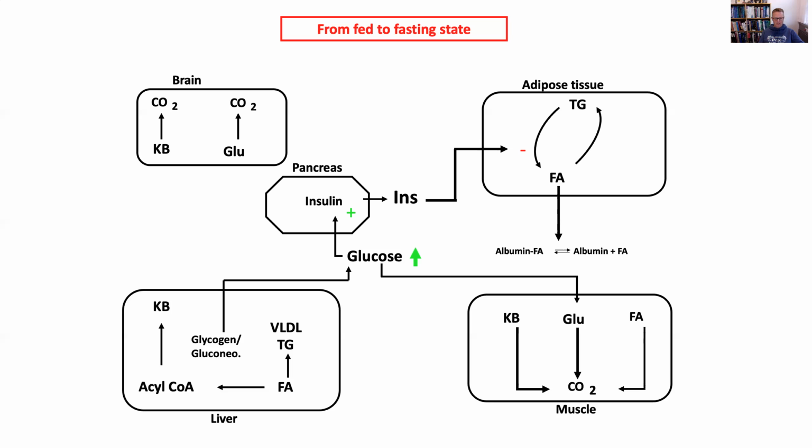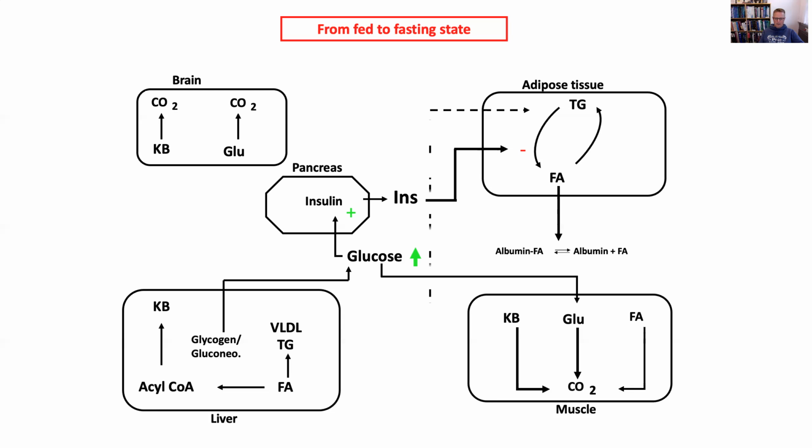The brain will sense that the glucose level is decreasing again, will increase activation of lipolysis, and the fatty acid concentration will increase, and then the flux of fatty acids to the muscle and to the liver will increase, and then it will kind of happen all over again. And this is exactly what is meant by the glucose fatty acid cycle.